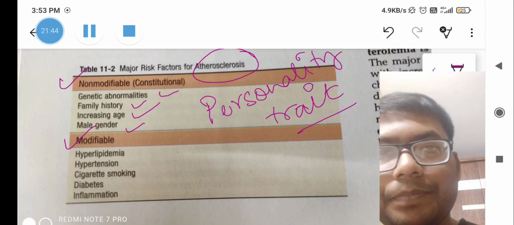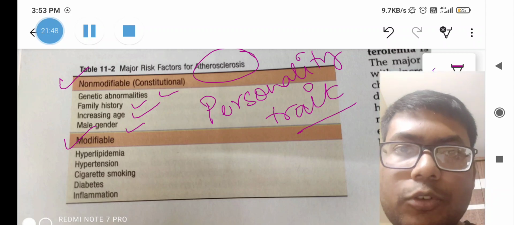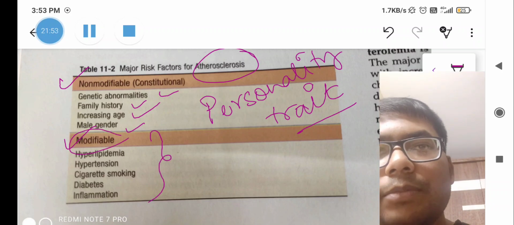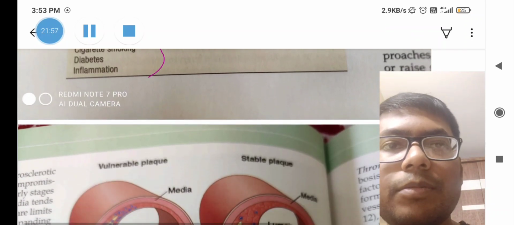And then the modifiable type of risk factors are hyperlipidemia, hypertension, cigarette smoking, diabetes, and inflammation.